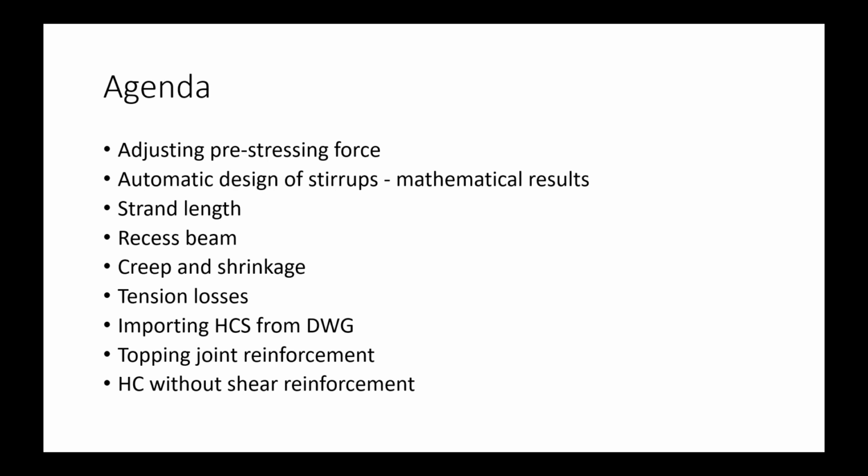Importing Hollowcore sections from DWG, and basically good practice rules. You are able to import a Hollowcore cross-section from a DWG file if you have it like that. It's very important that your DWG file is consistent. We'll take a look at that in a second.